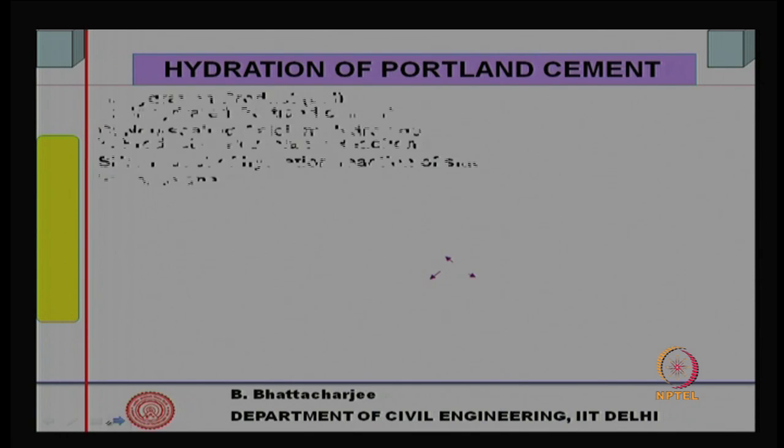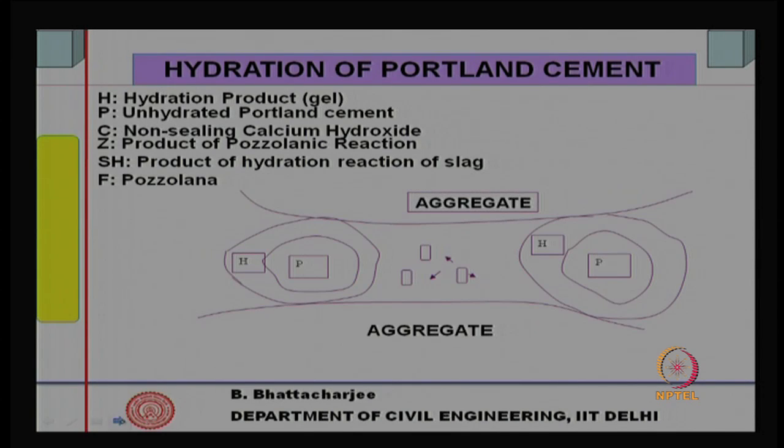Now, let us see their hydration characteristics. If you see the hydration product of Portland cement, this was my Portland cement, and recall these are inner product. H stands for hydration product, gel, inner product. This is the original grain boundary of the Portland cement. This is my aggregate, and here I will have calcium hydroxide, which is a non-sealing precipitate.